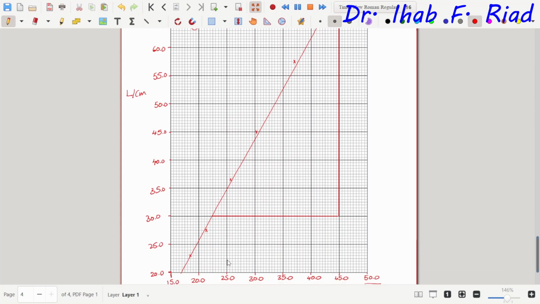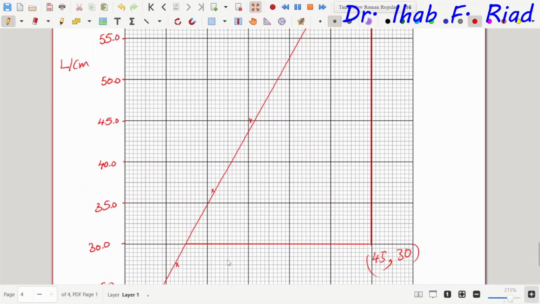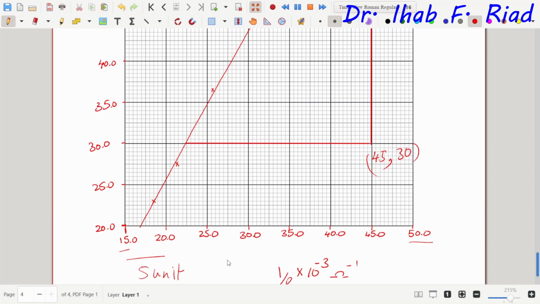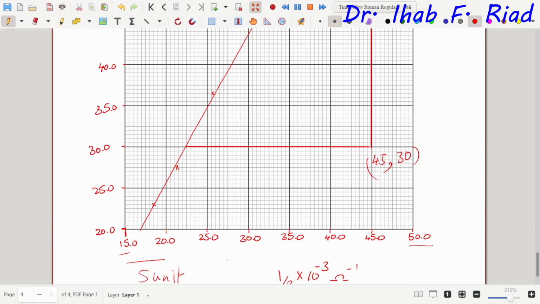Let us get the data points. What is the data point over here? It is 45 and 30. What is the data point over here? It is 20, 22.5 and 30.